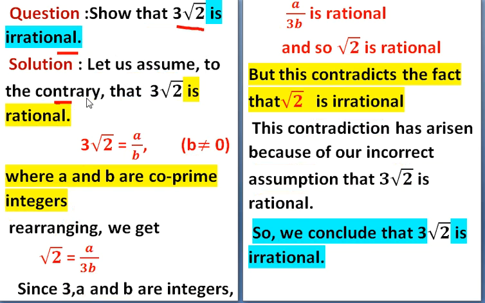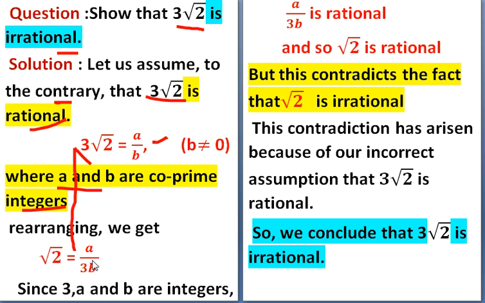Contrary to this irrational, first we suppose 3 root 2 is rational, and if value is rational, then will be a by b, and a and b are integers, and by rearranging we get root 2 equal to a by 3b. This 3 goes in denominator, and 3, a, b are integers.